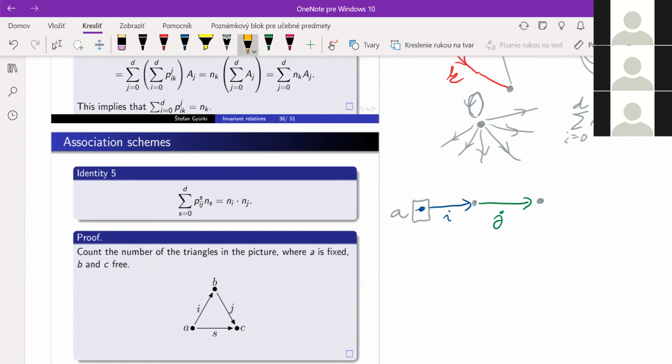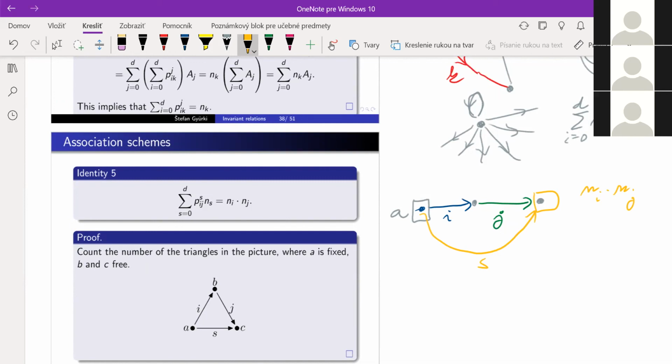And each such picture can be, of course, completed by one dart of some color s. So if you count these, then there are n_i by n_j vertices reachable in this manner.